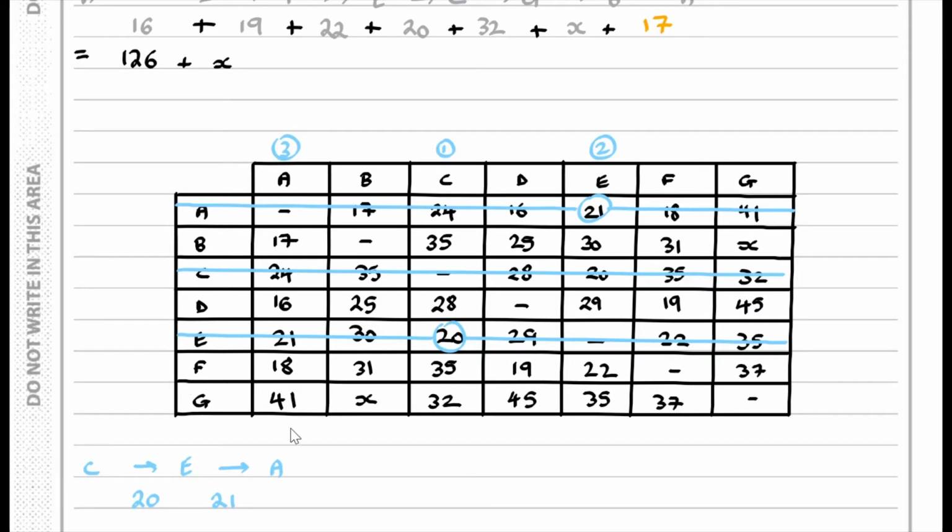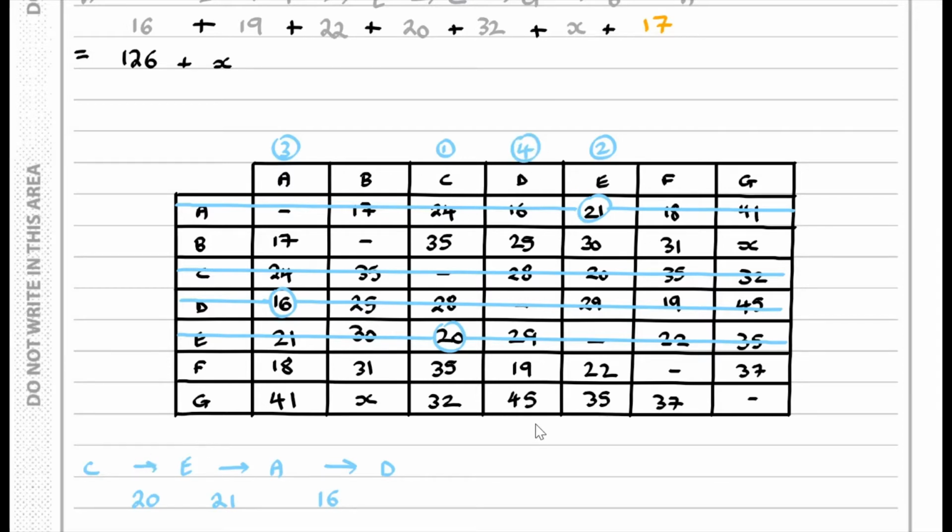We now look down A, and the smallest one is a 16, and that corresponds to D. So we delete this entire row like so, and then D we label with the number 4.